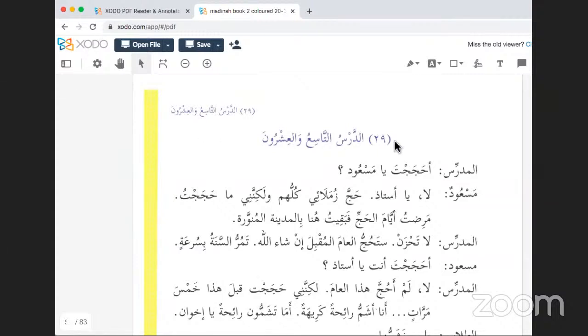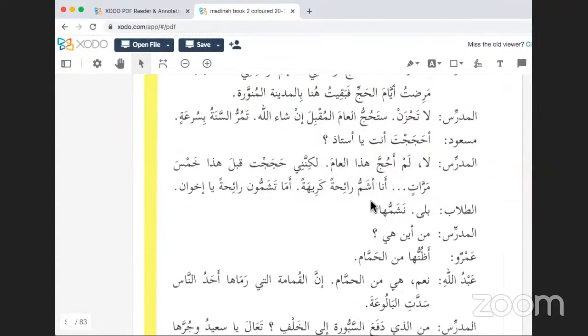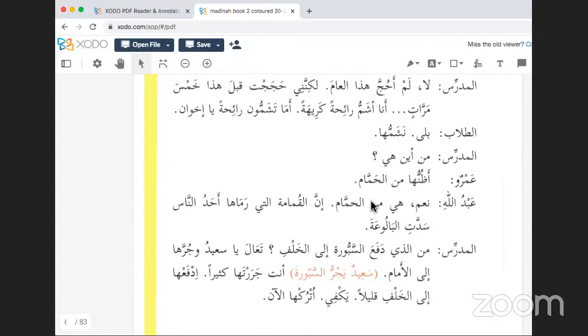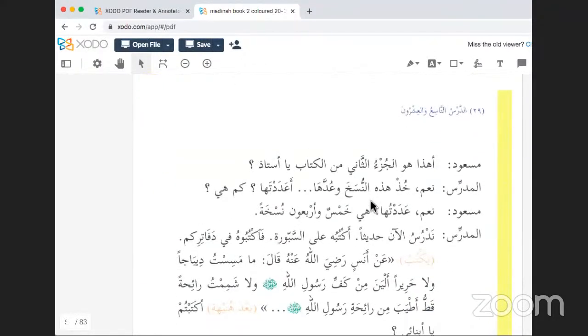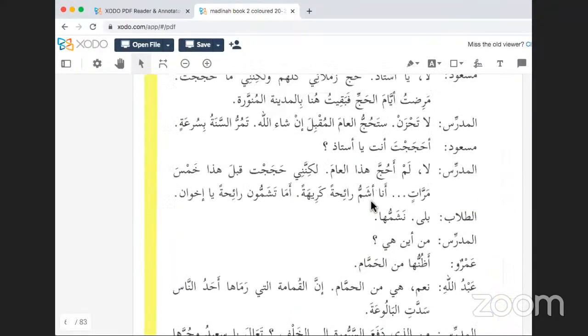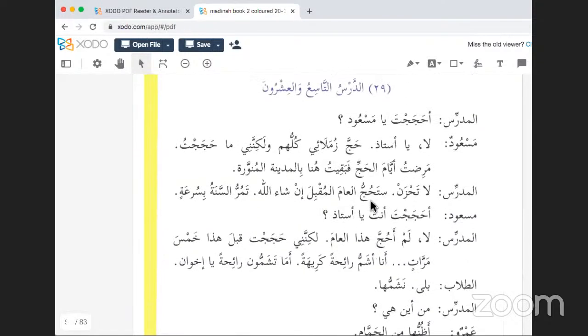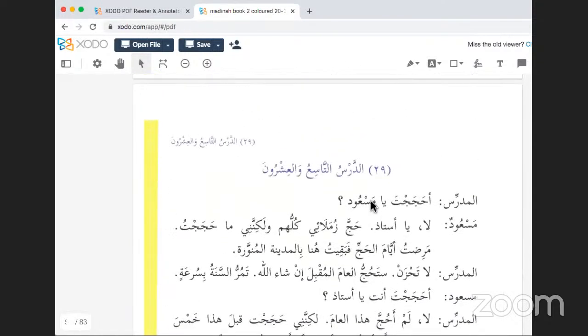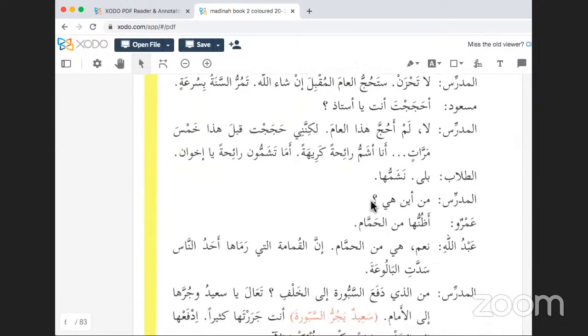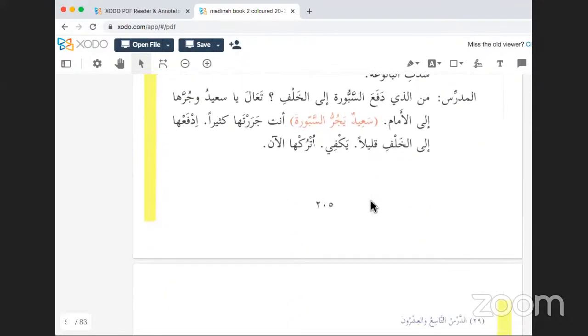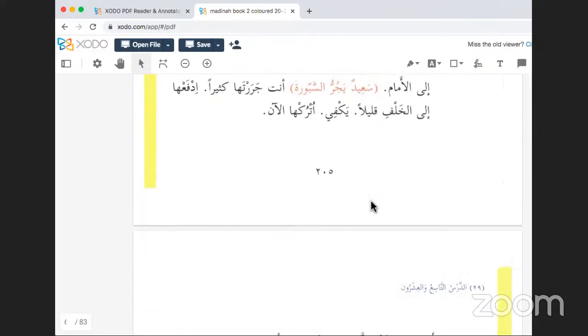Inshallah, we will read, even though we previously had started, but we will read, inshallah, just to recap on some of the points. So we need, let's say, three readers, someone to read Al-Mudarrisu, someone to read Mas'udun, and the other one to read At-Tullab, Amr and Abdullah.